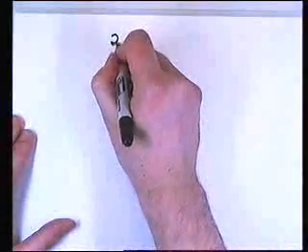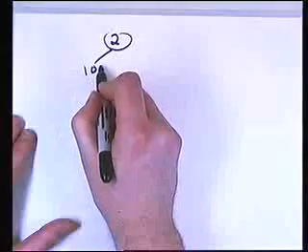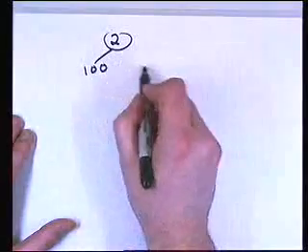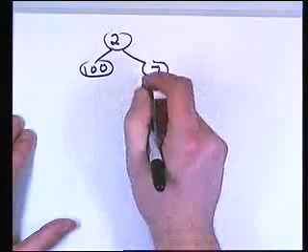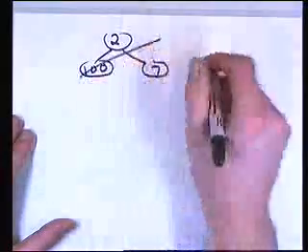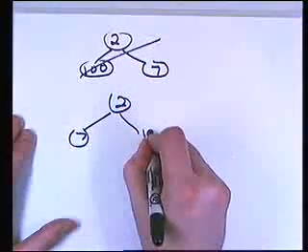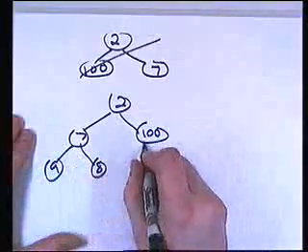If I had this situation where I have here, say, 2, 100, and I have here 7. Actually, I think it's the other way around I want it. 2, 7, 100, 9, 8, 102.